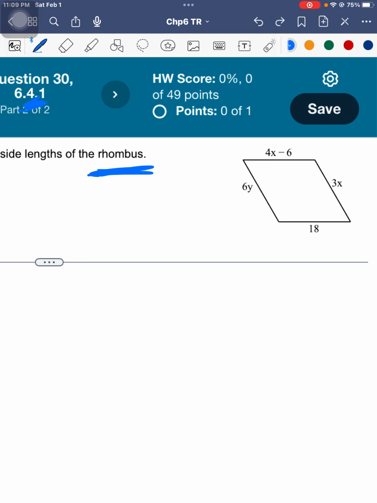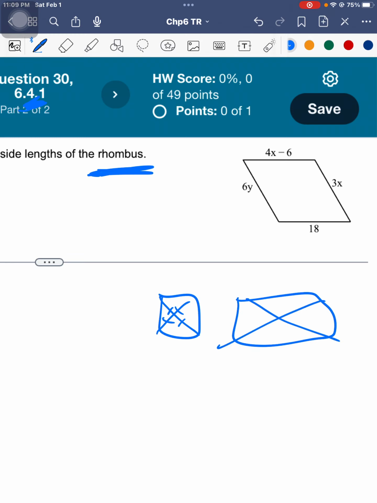Sides of a rhombus are all congruent. Just like what other shape? Squares. So guys, please remember to review that big chart that we took a picture of. The diagonals are congruent in what?